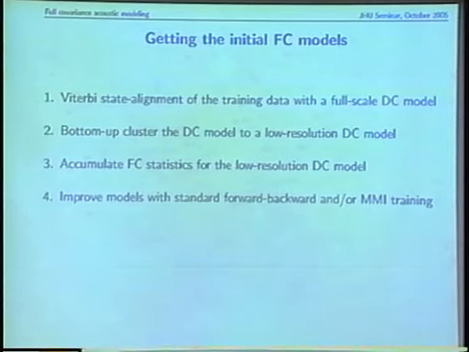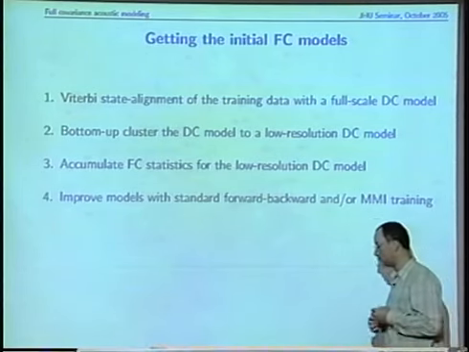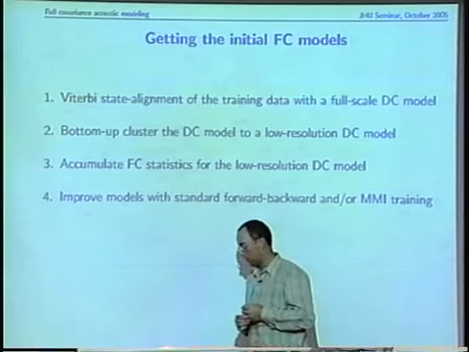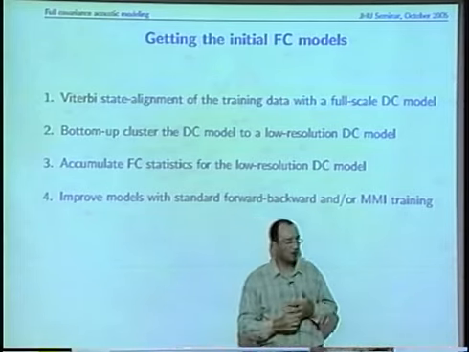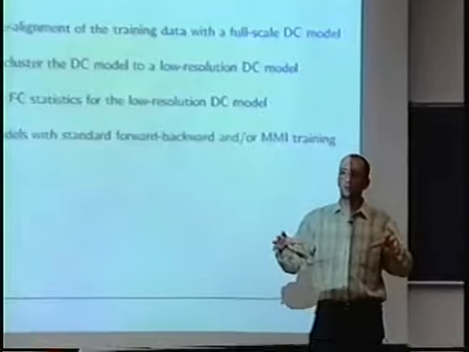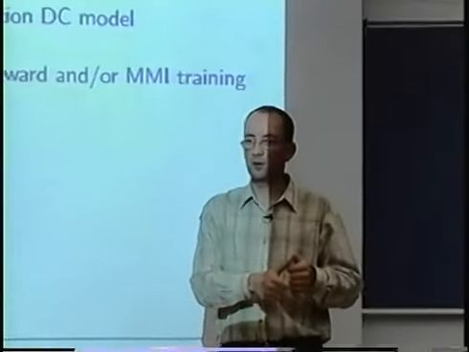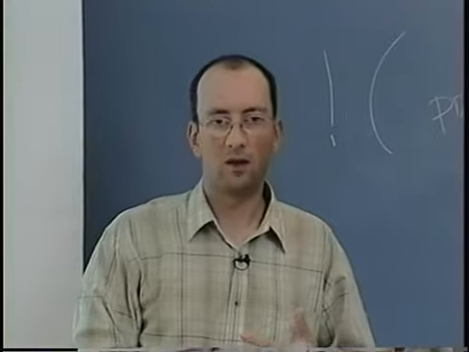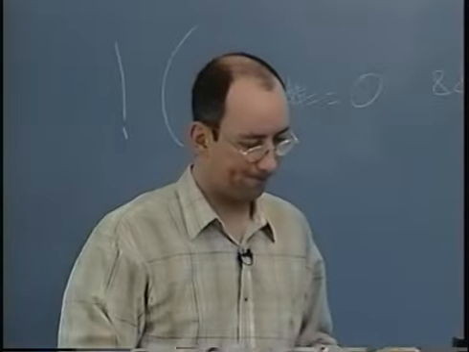This is in contrast to some other schemes, something that LIMSI, I think, tried to do, where they tried to grow the full covariance model starting with 1 Gaussian per state up to the final number of Gaussians per state, which is more costly in terms of compute time.